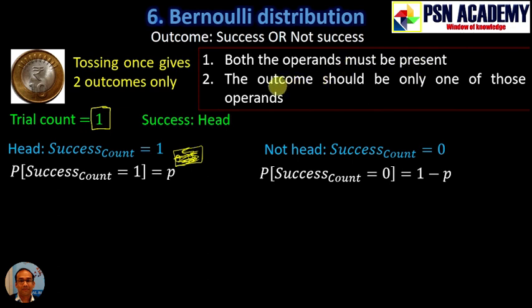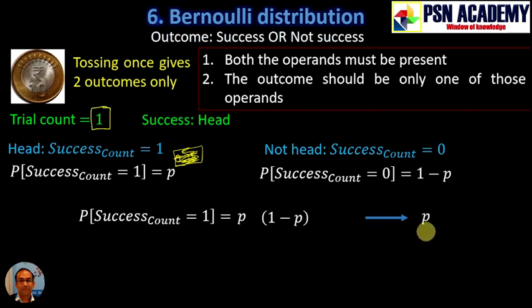And the second thing is that the outcome should be only one of those operands at any moment of time. So we go for success count equal to 1. The probability of success count equal to 1 is p. We know that. But there will be 1 minus p also in the equation, and both the operands will be there, and still the output will be p.